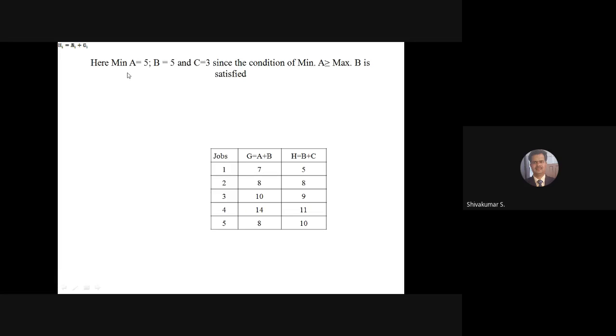Now here minimum of A is 5, B is 5, and C is 3. Since the condition of minimum A should be greater than or equal to maximum B is satisfied, you're going to take all 5 jobs, that is 1, 2, 3, 4, 5 jobs. G is equal to A plus B, H is equal to B plus C. Combine the processing times and prepare one more table.